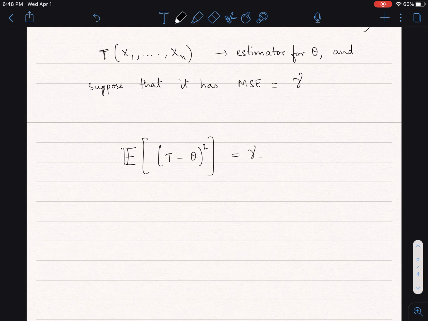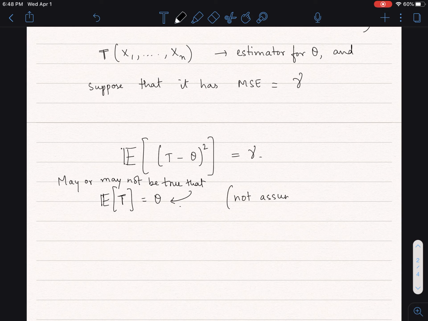And I'm not assuming, for example, that the expected value of t is equal to theta, so I'm not assuming that it is unbiased. It may or may not be.